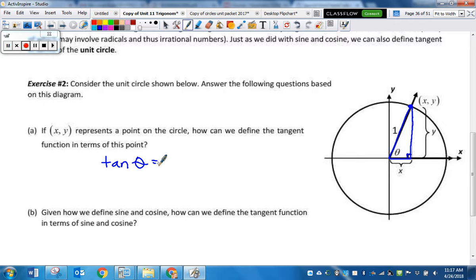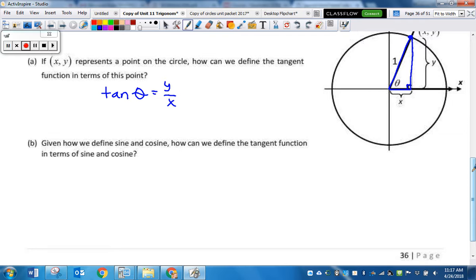It would be opposite over adjacent, right? So it would be what? Y over x, correct? Okay, so tan theta is equal to y over x, opposite side over adjacent side. All right, make your final connection then. We're sitting on the unit circle.